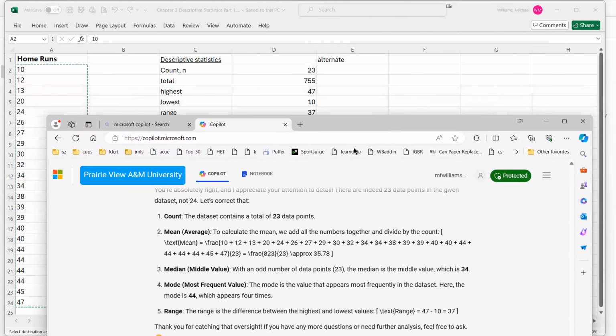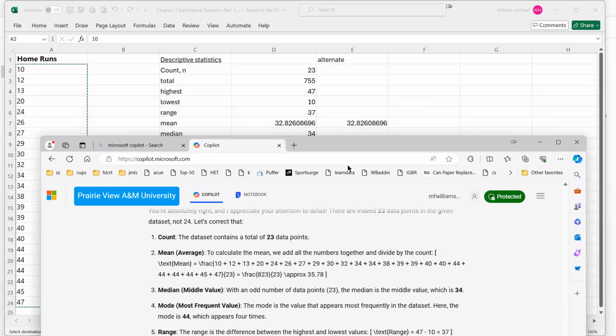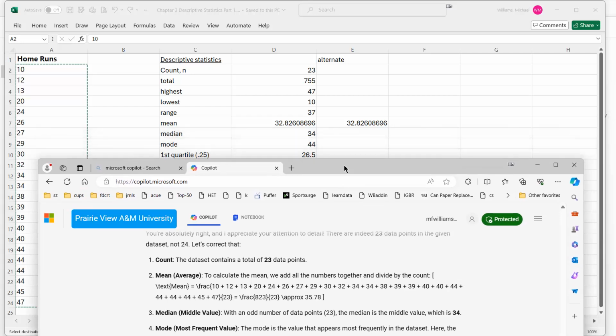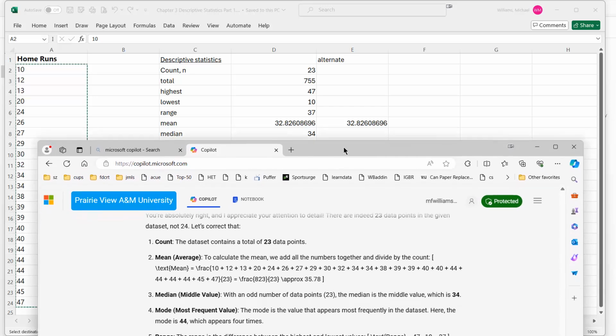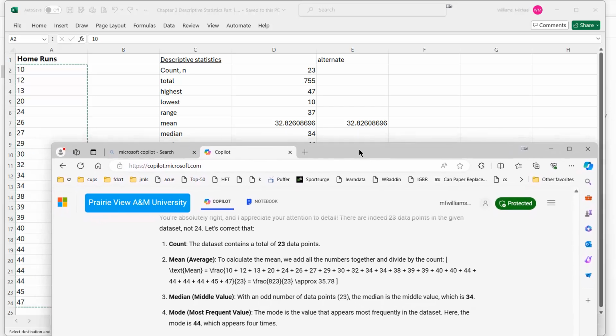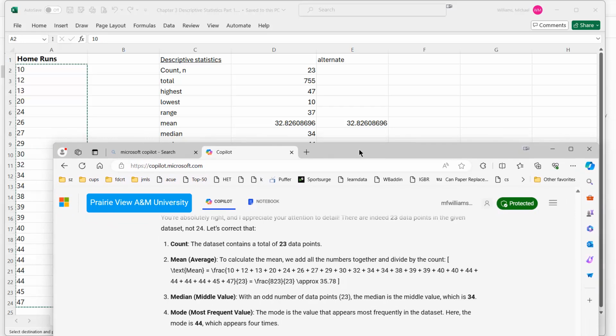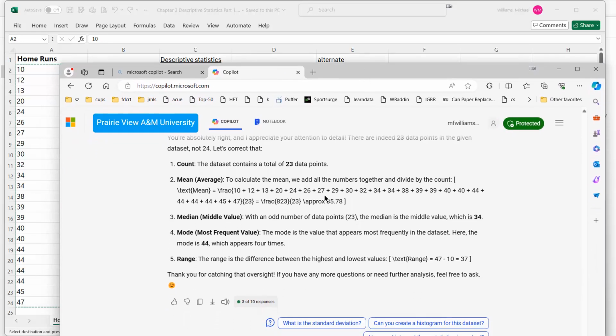It says the mean is 35.78, and that's completely wrong, man. How is it getting... Oh. Well, I tell you. It says the median's 34. That one's right. The mode is 44. The range is 37. But it got the mean wrong. The mean is 32.8. It not only got it wrong, it's way off.